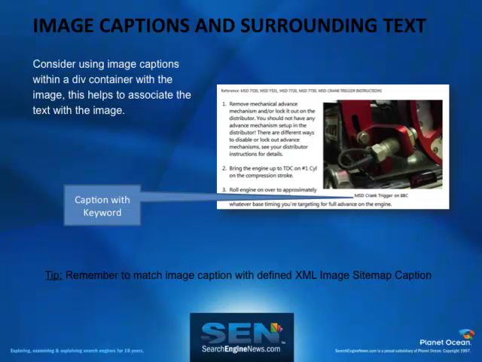Now remember, you can also create an XML image sitemap, and when you do that, you can define the caption for the image as well. Ideally, your image caption and the caption on the page should match up. That seems to work better. We've tried it a few different ways, and I think we see a correlation where when those are in agreement, things tend to work better. And it helps them trust your XML sitemap as well when they see things agreeing.